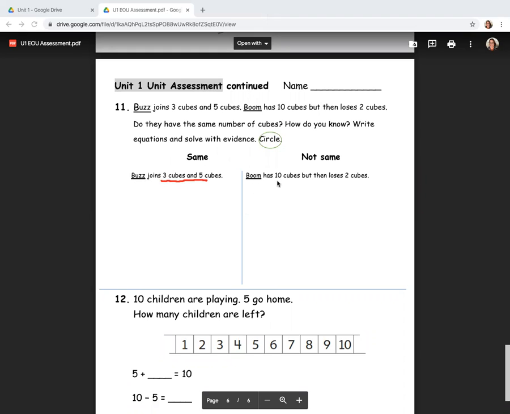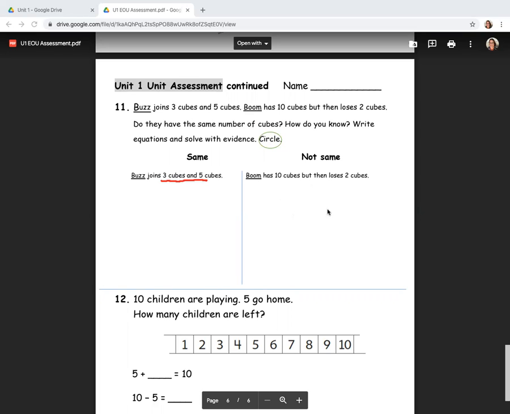Boom has 10 cubes, but then loses 2 cubes. So if Boom is losing 2 cubes, you're going to write an equation and draw a picture to match. Boom has 10 cubes and loses 2 cubes.